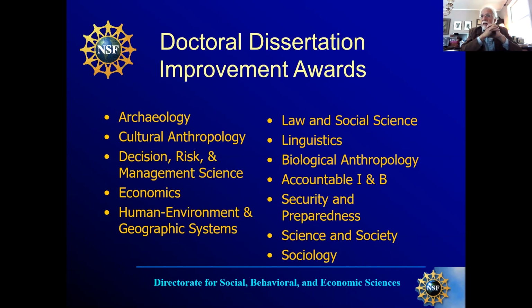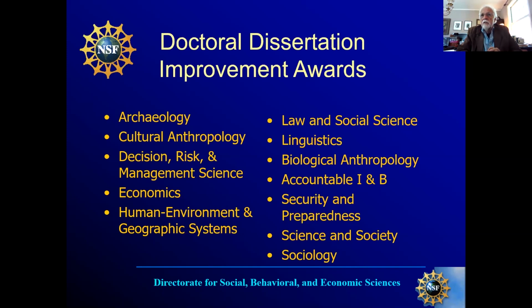I really recommend, if you're at a doctoral granting institution and you have students in those programs, to consider the doctoral dissertation research improvement awards. The hidden benefit is that it familiarizes the student with the National Science Foundation.